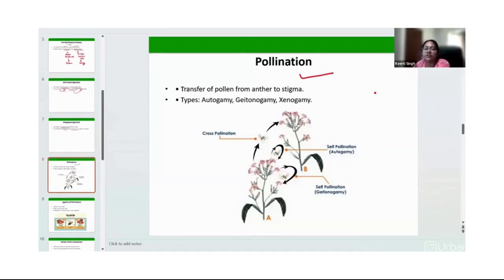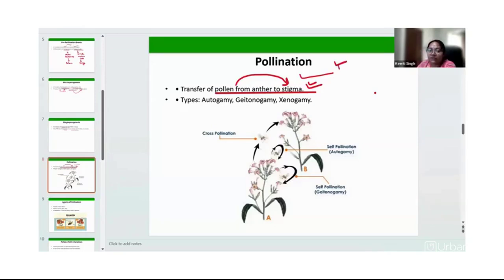So various agents are involved in pollination. Pollination means nothing, just the transfer of pollen from anther to the stigma. Because for fertilization to occur, the pollen grain must reach the stigma, to ultimately go and fertilize the ovum.